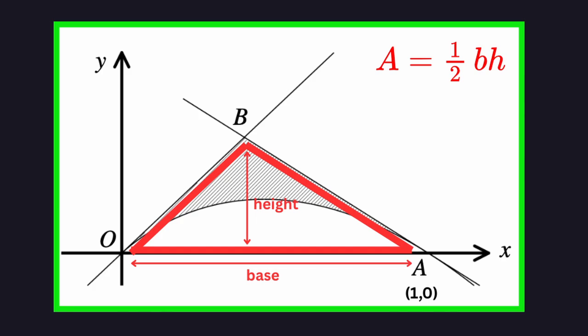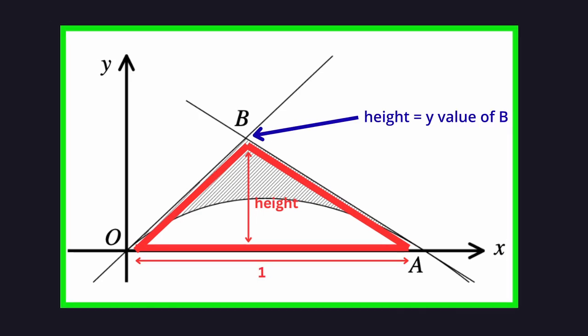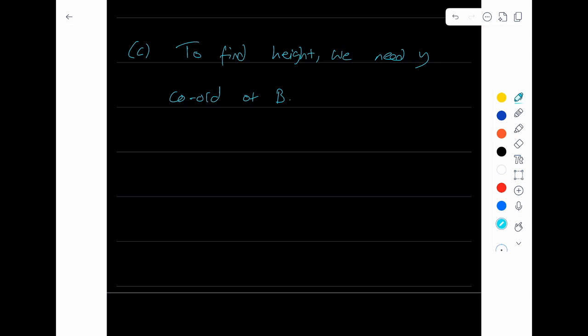So how do we get this? Well, the height is achieved here by recognizing that all it equals is the y value of b. Knowing this, the question therefore becomes, how do we find the y value of b? To find it, simply recognize that b is the intersection between the lines y equals x and 3y plus 2x equals 2.